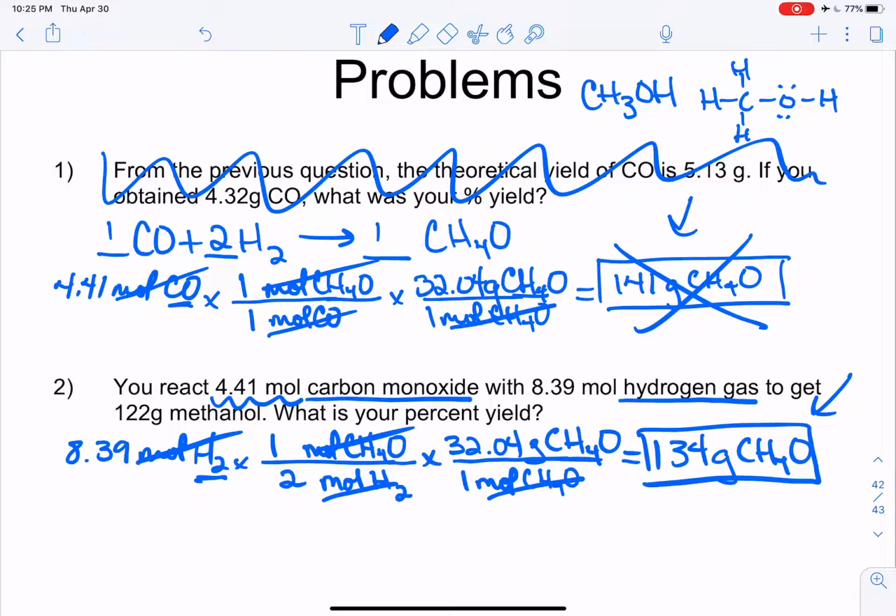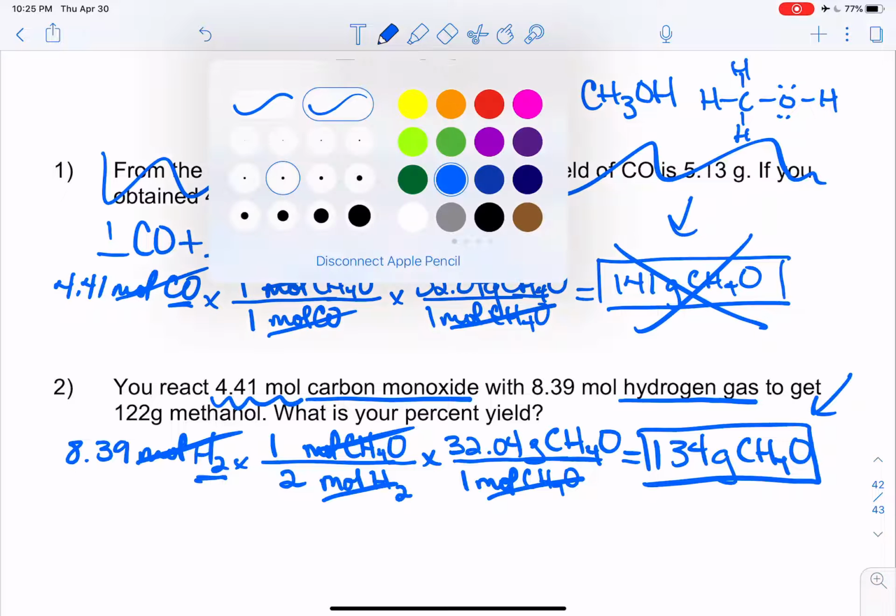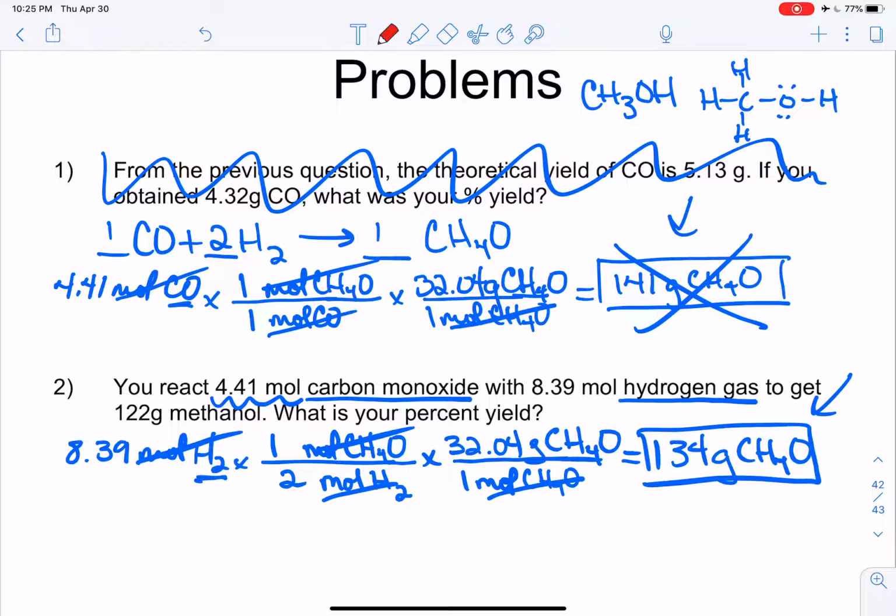This means that hydrogen gas is what? Our limiting reactant or our excess reactant? That's our limiting reactant. That's the reactant that is limiting how much product we can make.